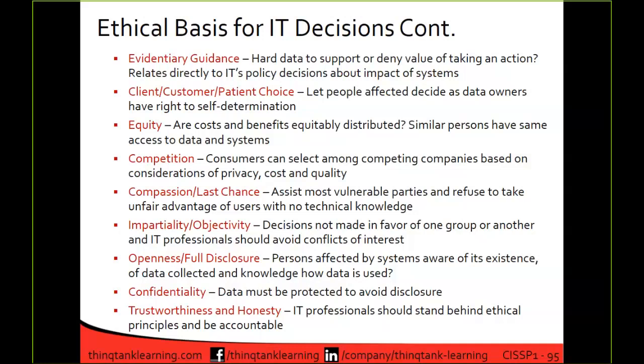All right. Competition. Consumers can select among competing companies based on consideration of privacy, cost, and quality. That's the American way, isn't it? Compassion, last chance. Assist most vulnerable parties and refuse to take unfair advantage of users with no technical knowledge.